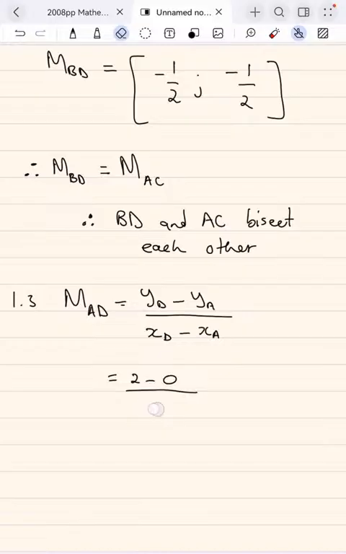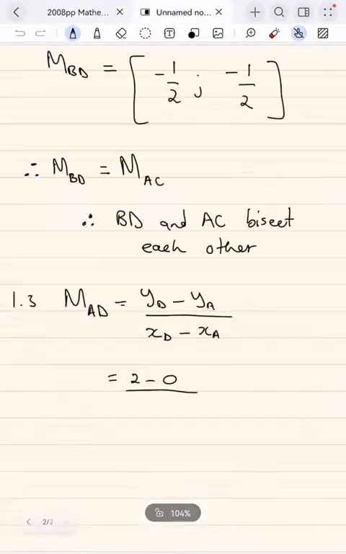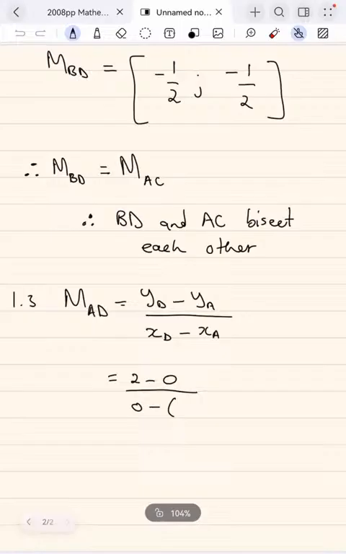Hold on, let's not make a mistake. X of D is 0. No rush. Minus x of A is -3. It's going to be 2, all divided by 3.